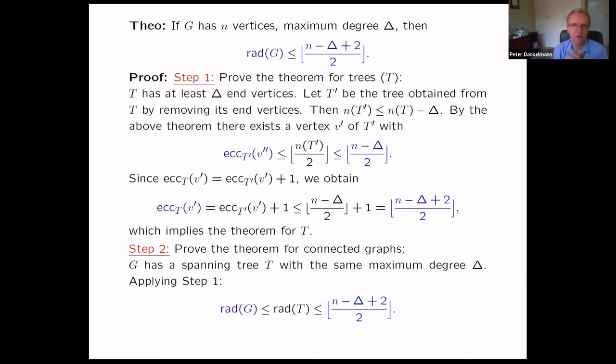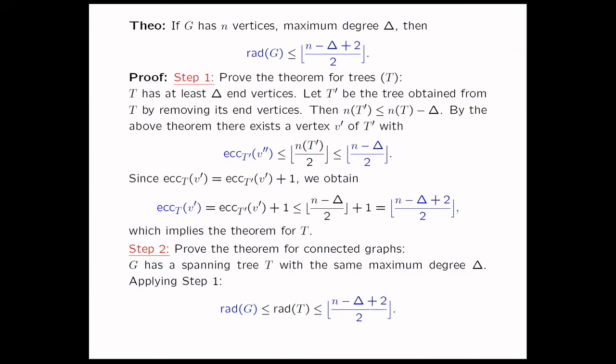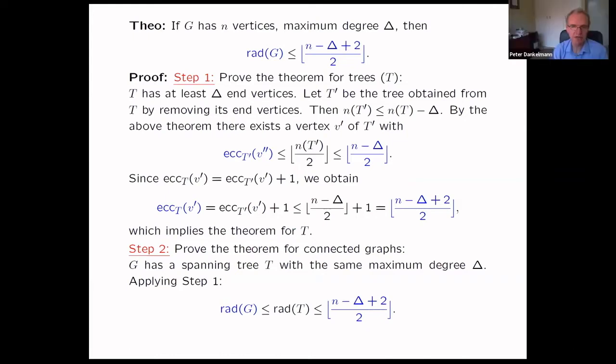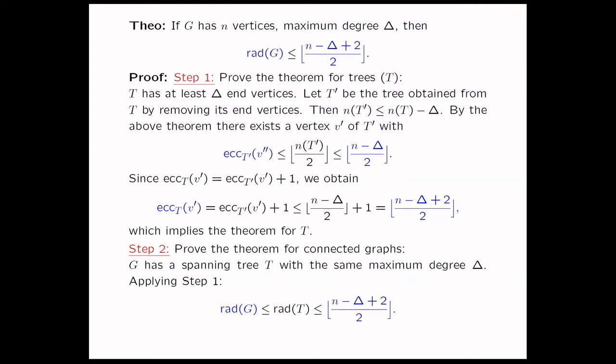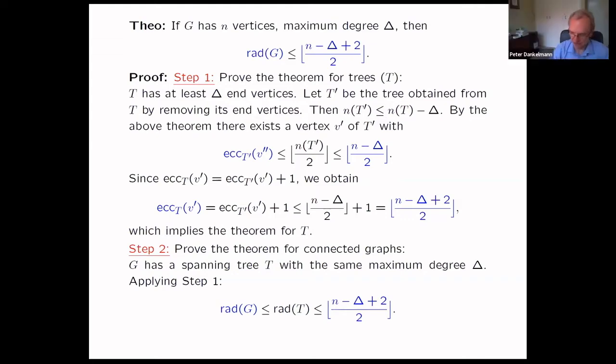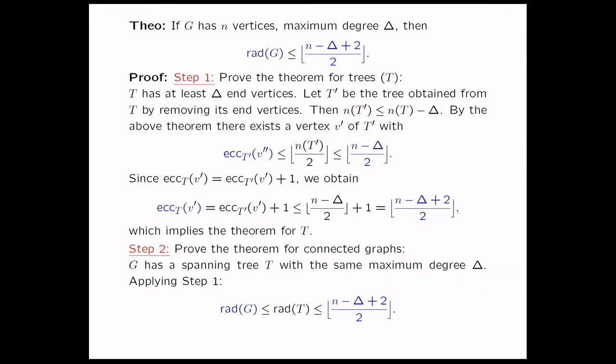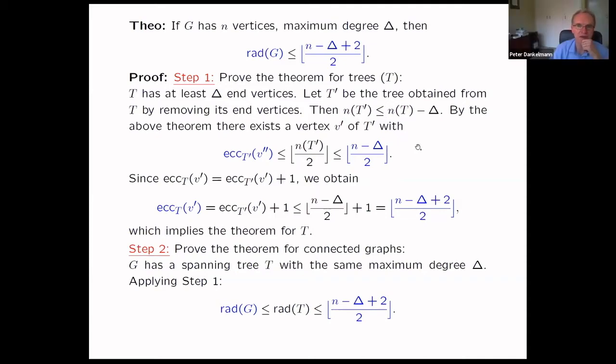So for example, if our graph has a vertex of large degree, big delta, can we find a better bound? The question is quite natural, because we said that the worst radius is attained if our graph is a path or a cycle, and that means its maximum degree, its largest degree, is 2. What if the largest degree is a lot bigger than that?